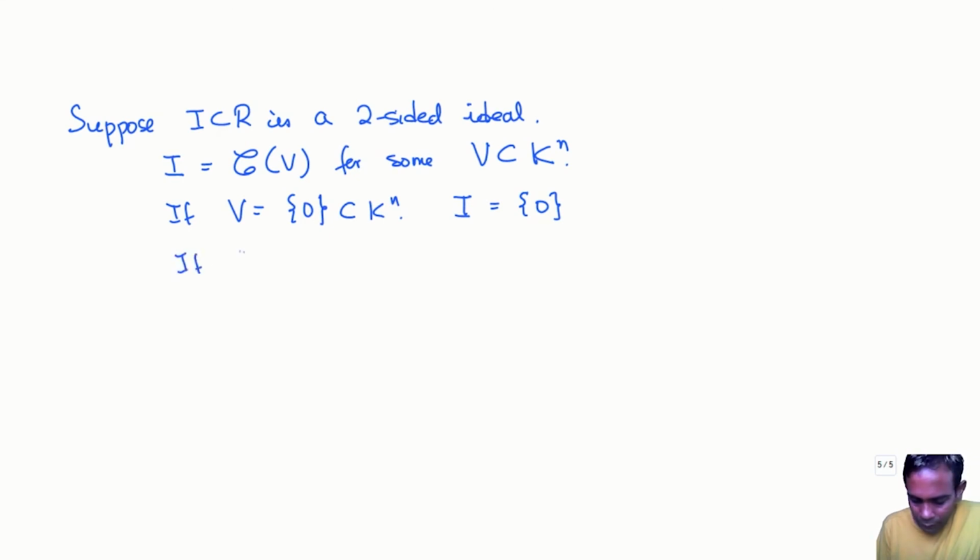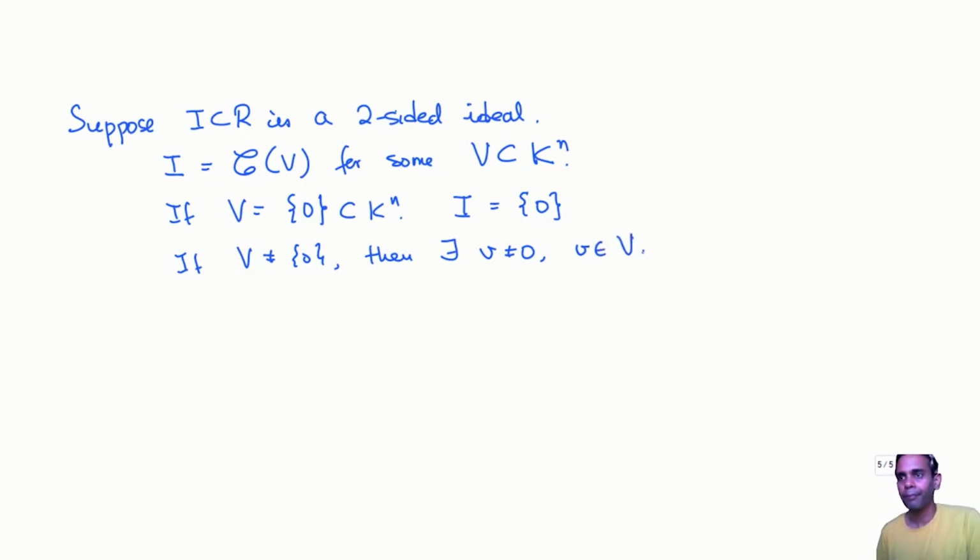Now if V is not 0, then take some non-zero vector v in V. Now let's look at the matrix A_j, the matrix whose jth row is v, the vector v, and all other rows are 0.